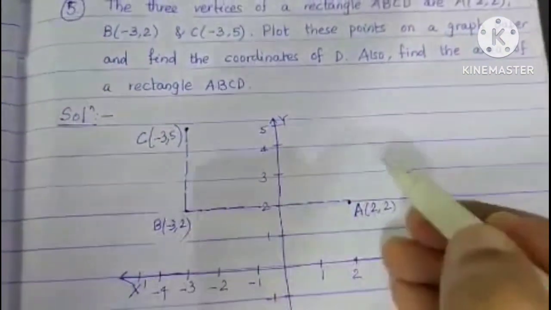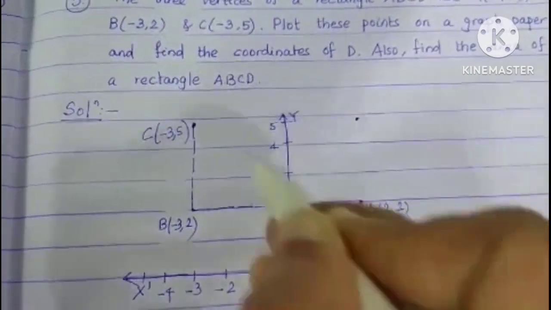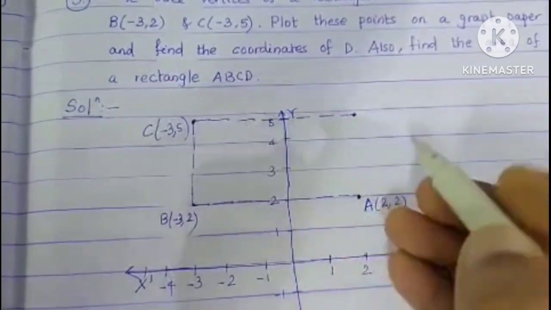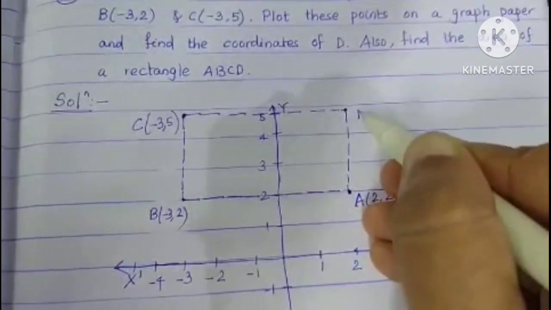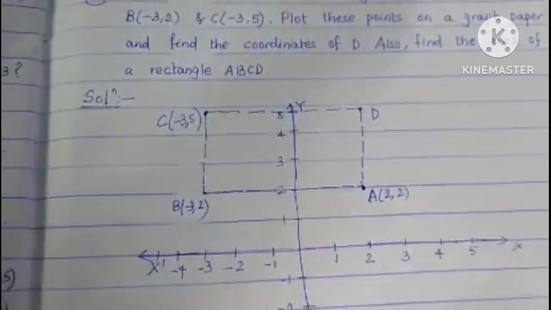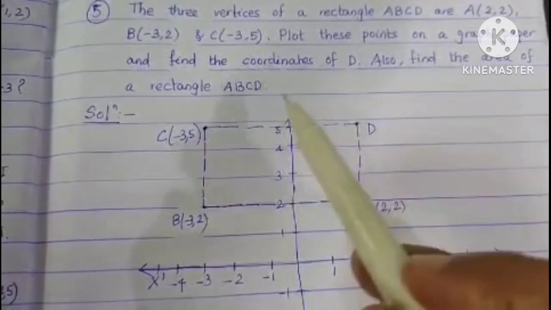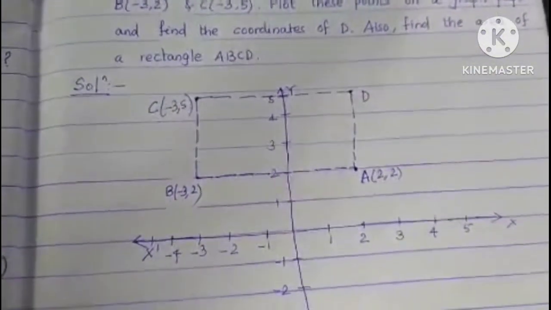Point D will lie somewhere above point A, like this. We have to find its coordinates, and also find the area of the rectangle ABCD.